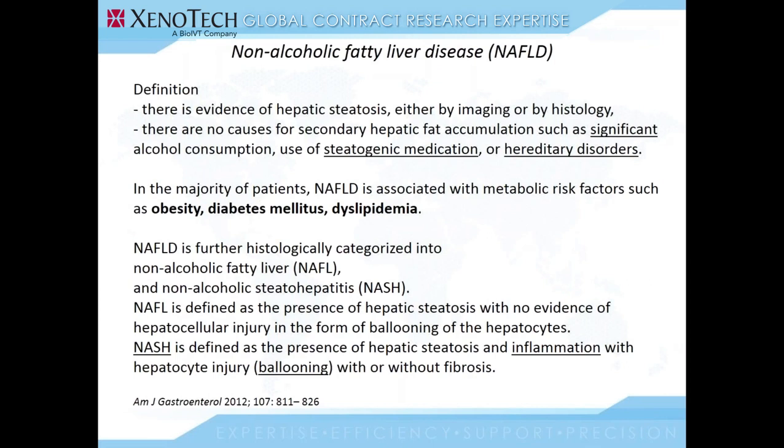Steatogenic medications that we have to exclude in this diagnosis include methotrexate, tamoxifen, corticosteroids, among others. Hereditary disorders, which also need to be considered for exclusion, are such as hemochromatosis or alpha-1 antitrypsin deficiency.